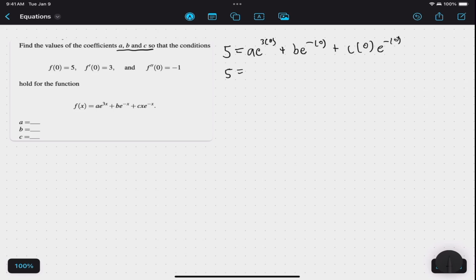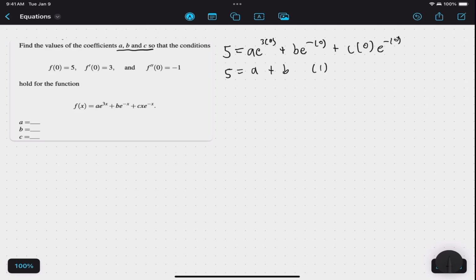So e to the 3 times 0 is 0, and e to the 0 is just 1, and a times 1 is a, plus similarly, e to the 0 becomes 1, and c times 0 cancels out c, since 0 times anything is 0. So this is equation 1.